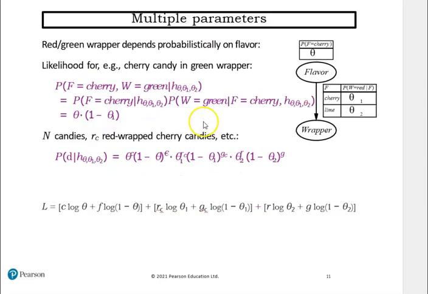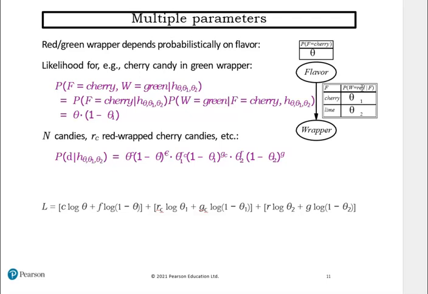So to get theta 1 here, all you need to do is, how many total cherries did we have? And how many of them were wrapped in red? That's it, essentially. So it's a fraction of red cherry candies out of all the cherry candies we did.